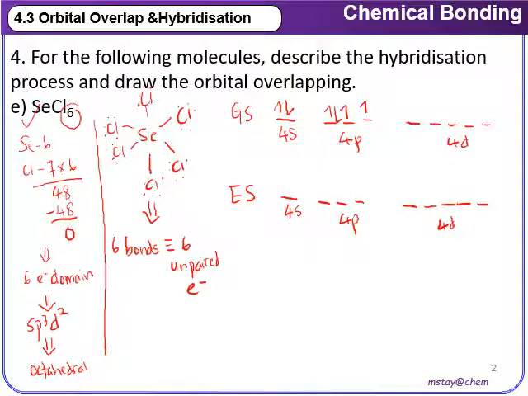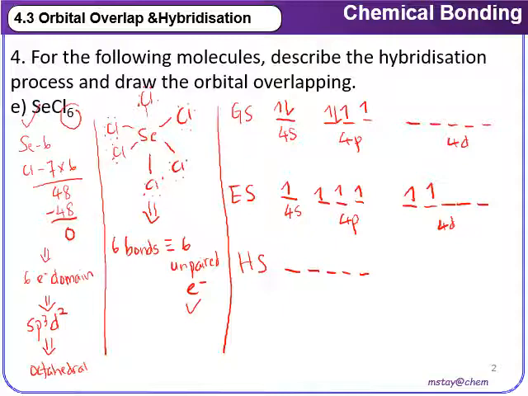One of the electrons is assigned to 4d from 4s, and another electron is also assigned from 4p to 4d.